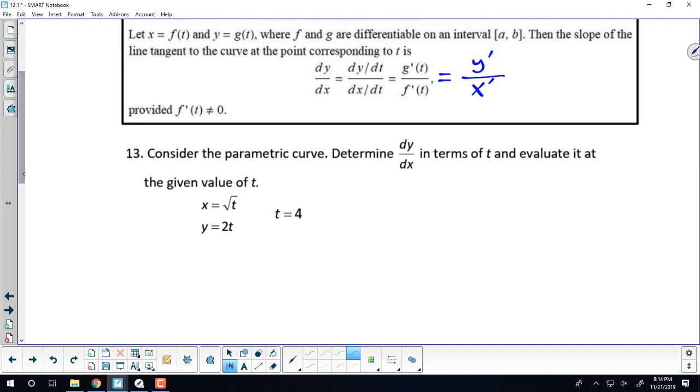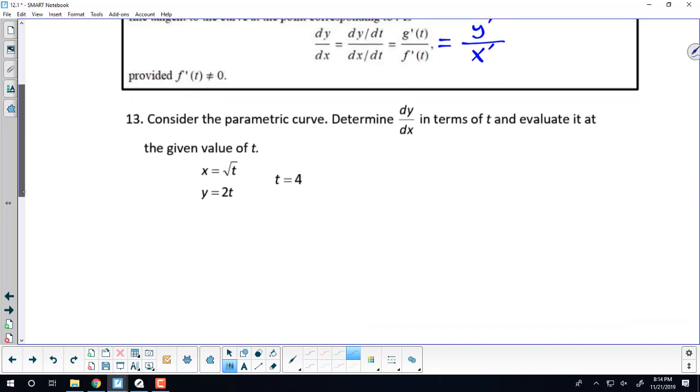Okay, so the parametric equation given as follows: root t for x and 2t for y, and evaluated at t equals 4. So we're taking that parametric equation, whatever it looks like, and we're saying at the place where t is equal to 4, whatever that ordered pair is, what is the actual slope of the curve generated here?